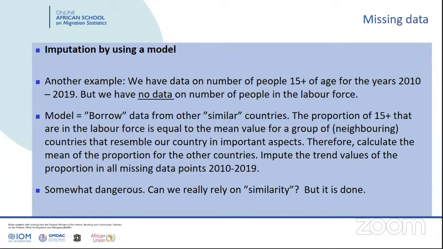Our model will state that the proportion of 15 plus that are in the labor force is equal to the mean value for a group of neighboring countries that resemble our country in important aspects.